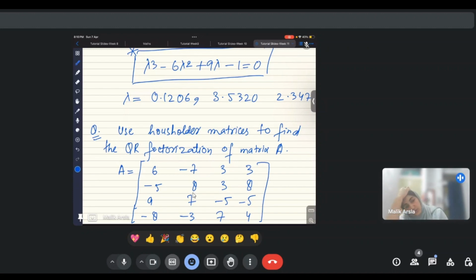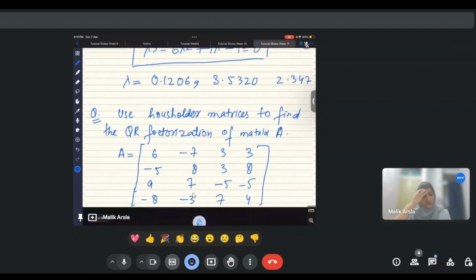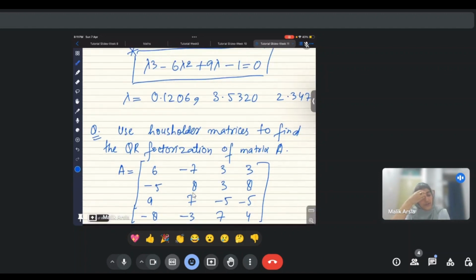So, using Householder matrices, how do we find the QR factorization or QR decomposition? Can you tell me the basic procedure, what you have understood? Anyone of you? What is the basic idea of QR factorization using Householder matrices?